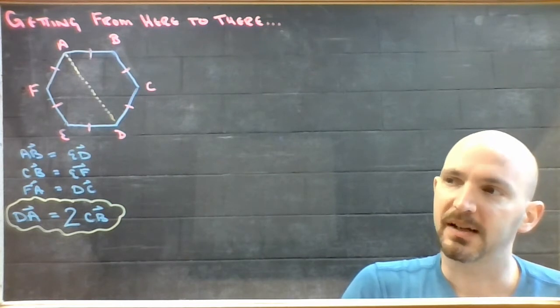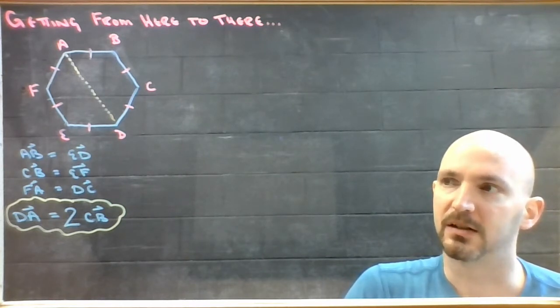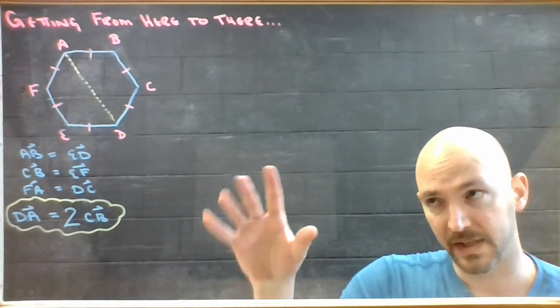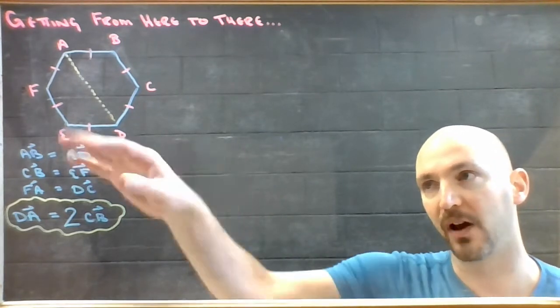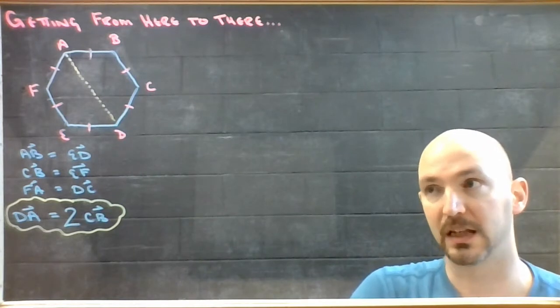So the next section is trying to define vectors from one place to another in this particular shape in terms of other vectors in the shape.